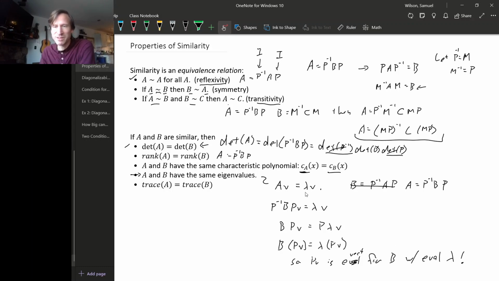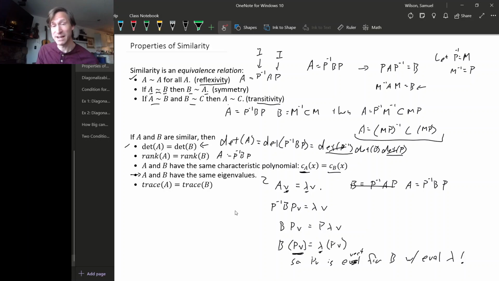So we started with an eigenvalue for A, and we showed that the same eigenvalue has to be an eigenvalue for B. And of course, this argument works backwards, so any eigenvalue for B is also an eigenvalue for A. Notice that the eigenvector is actually different, right? The eigenvector we started with for A was V, and the corresponding eigenvector for B is PV.